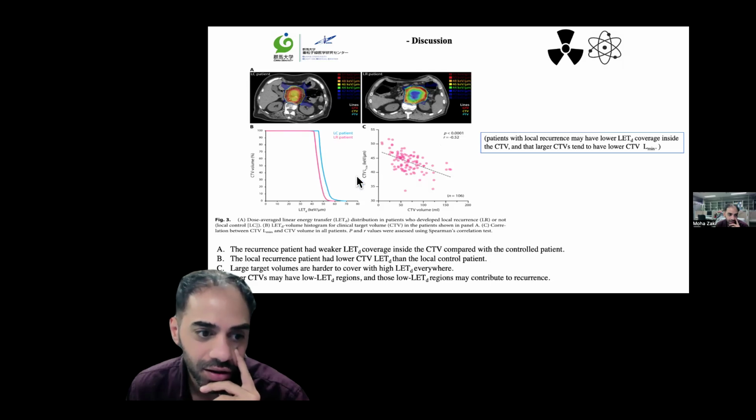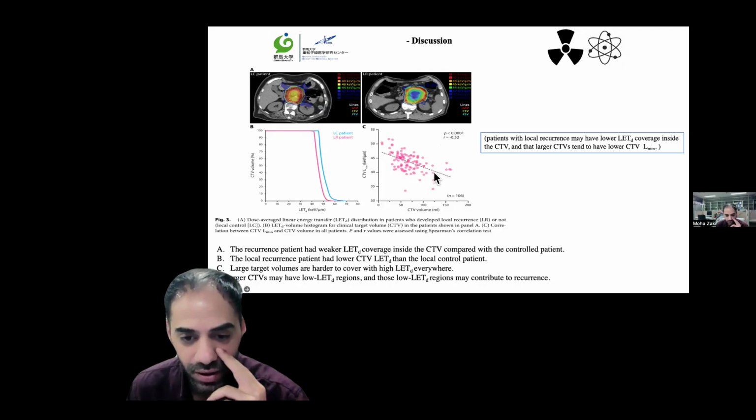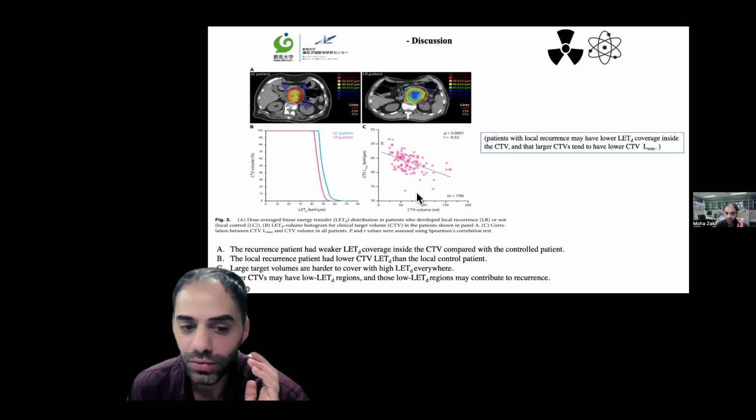C, large target volumes are harder to cover with high dose average LET everywhere. So larger clinical target volumes might have low dose average LET regions, and those regions might contribute to reoccurrence.